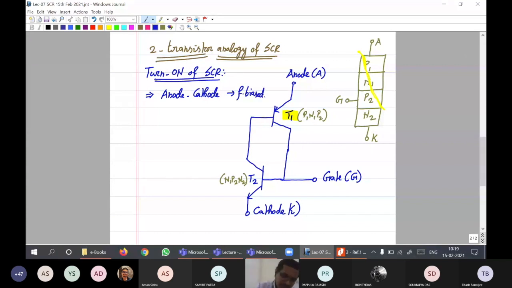Second step would be: you give a positive gate pulse of sufficient amplitude and time duration.